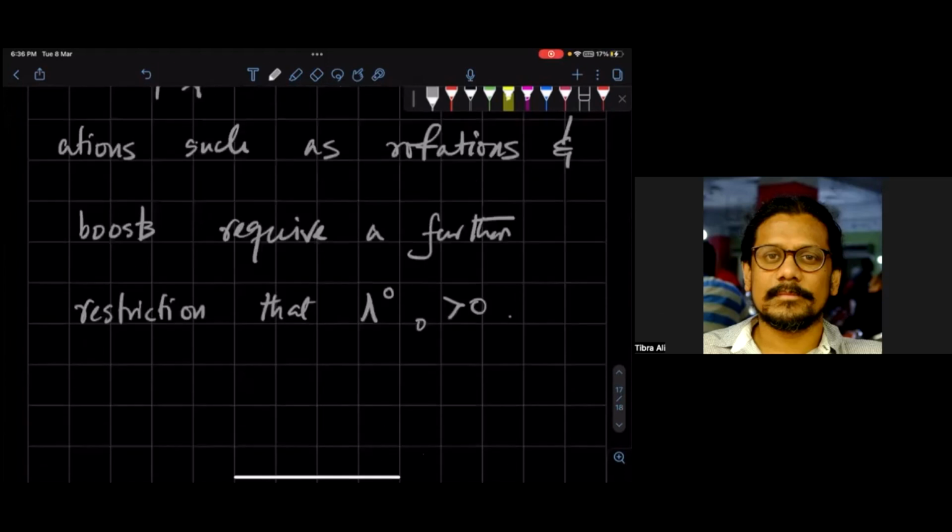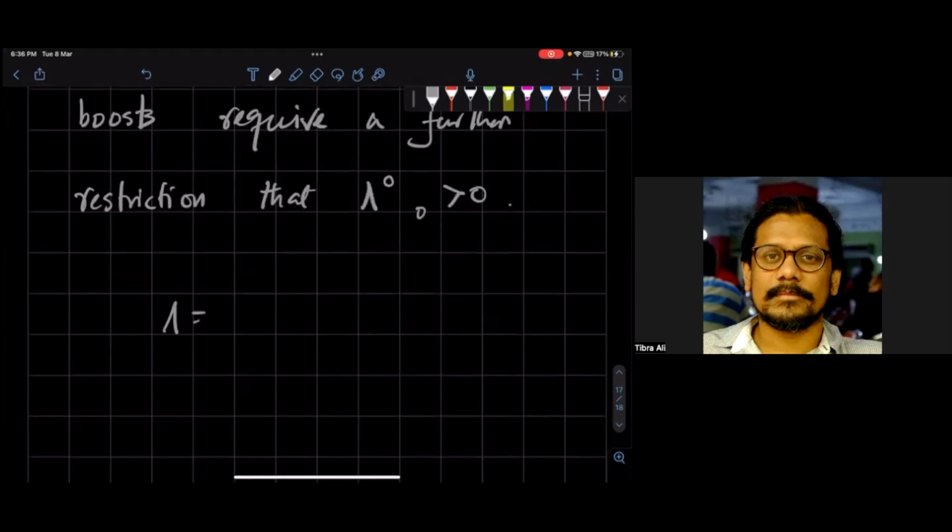Because if I look at the Lorentz transformation matrix, it's a 4x4 matrix, and this component is lambda 0,0, and that must be positive.